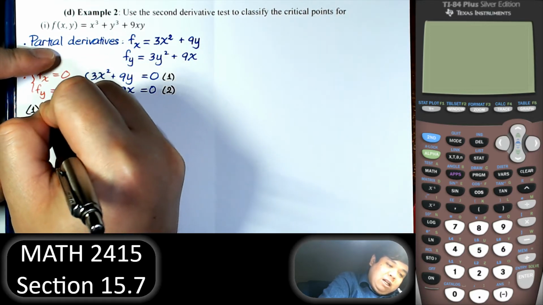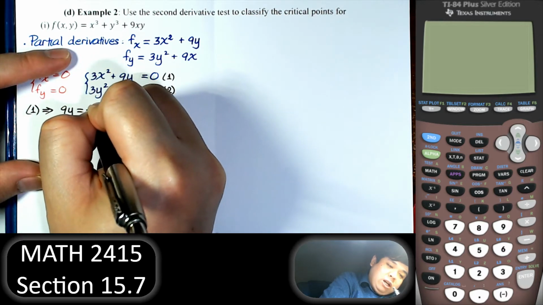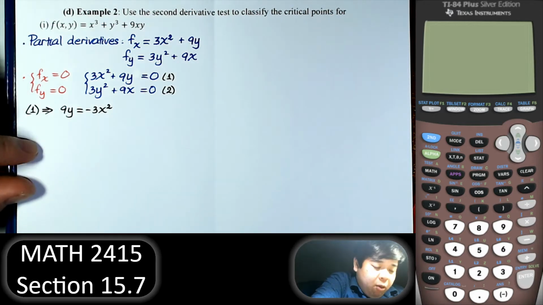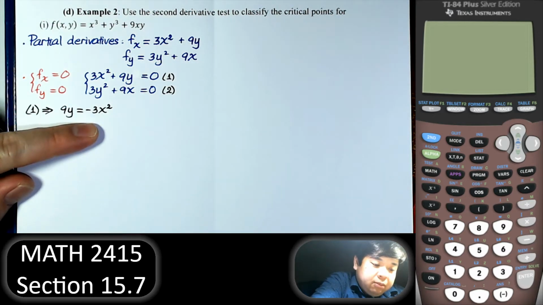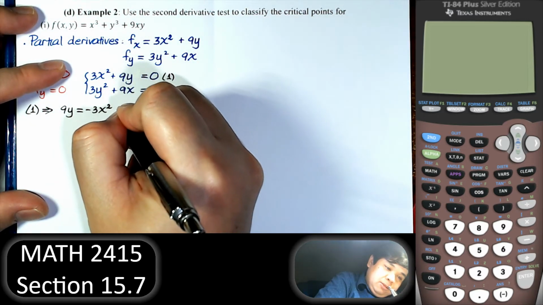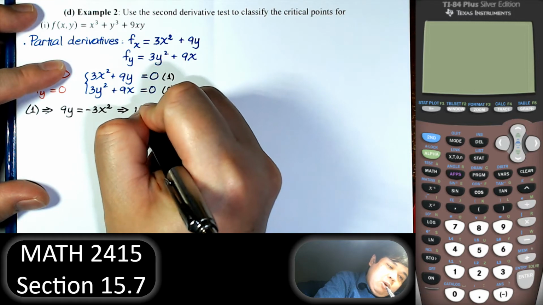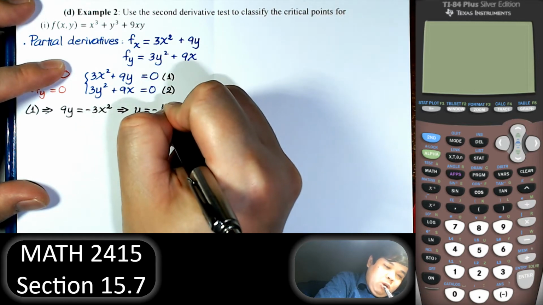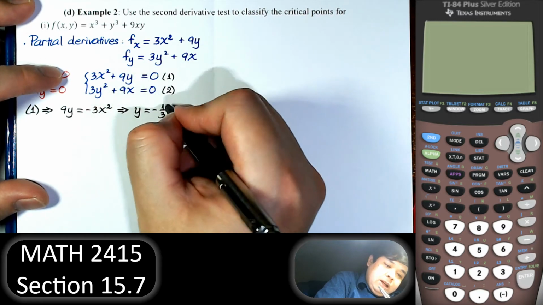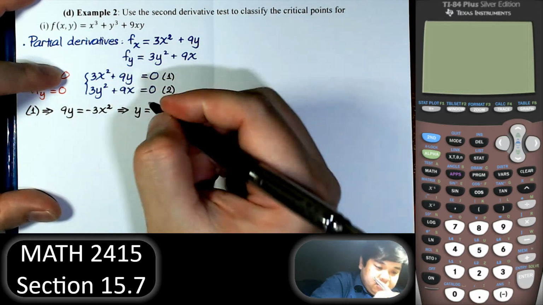So that implies 9y equal to negative 3x squared. And then divide by 9 on both sides. y equal to negative 1 over 3 x squared.